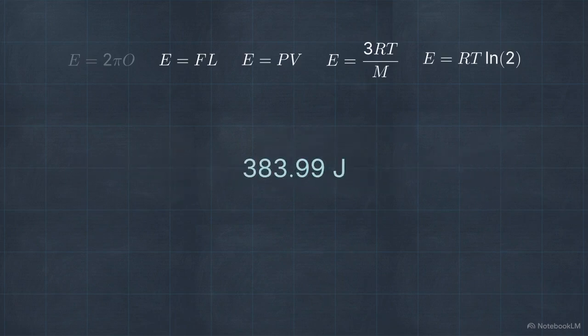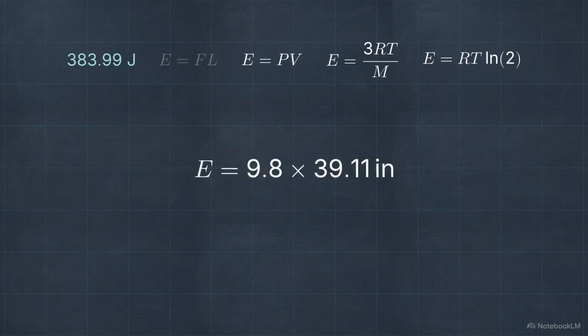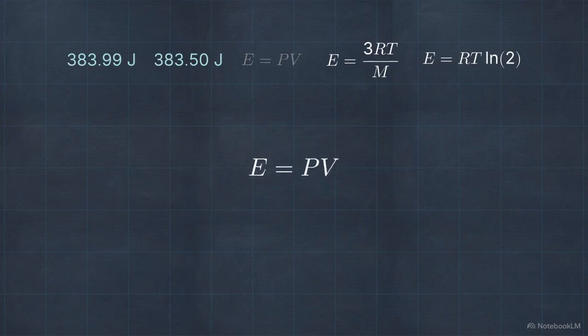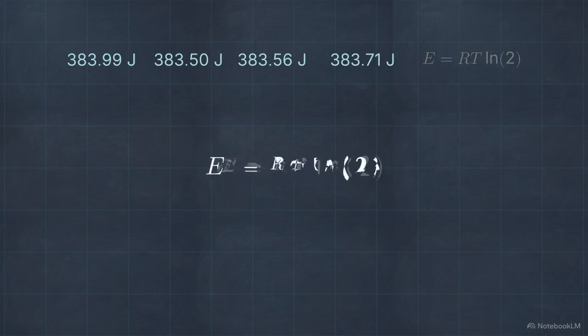Using the solar day and cycles per hour for rotational energy, we arrive at a temporal occupancy value of 383.99 joules. Mapping mechanical energy through gravitational force and the temporal wavelength of 39.11 inches yields approximately 383.5 joules.